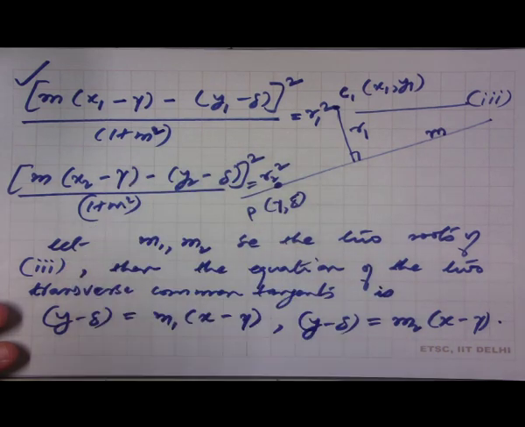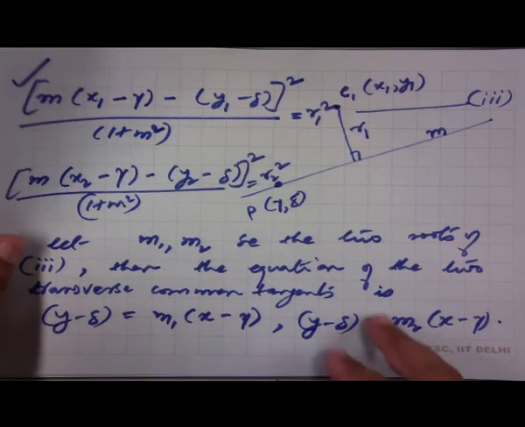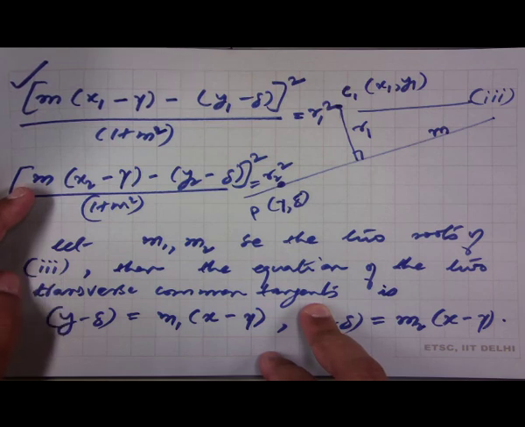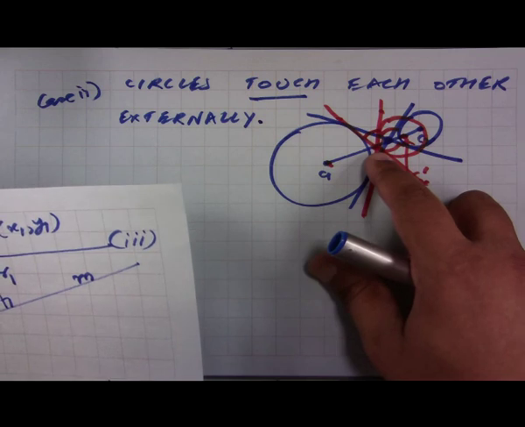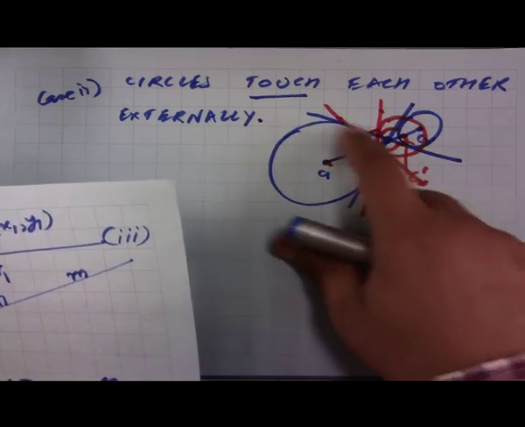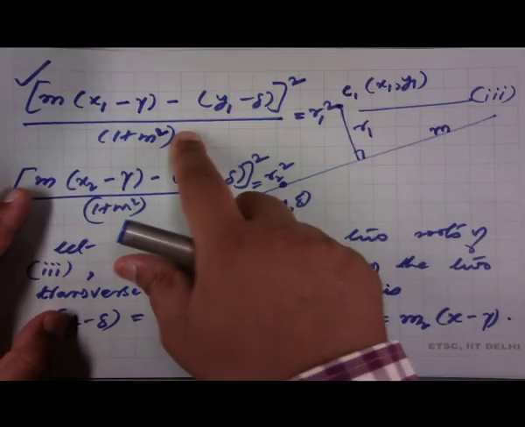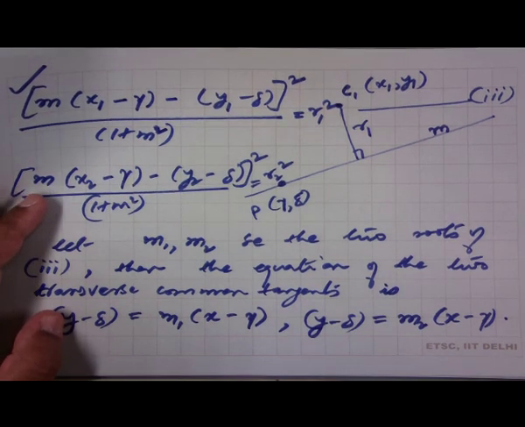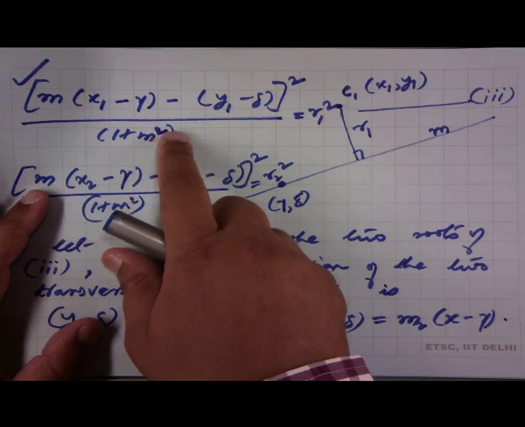But then what we can see, as we will derive it now, is that when the second circle touches the first circle, in that case we will have two equal roots here. So, this quadratic equation is going to have two equal roots, which means that there will only be one transverse common tangent.